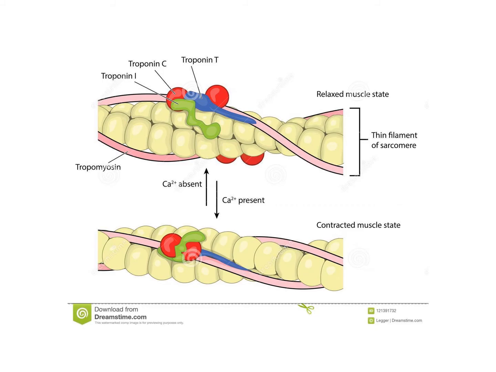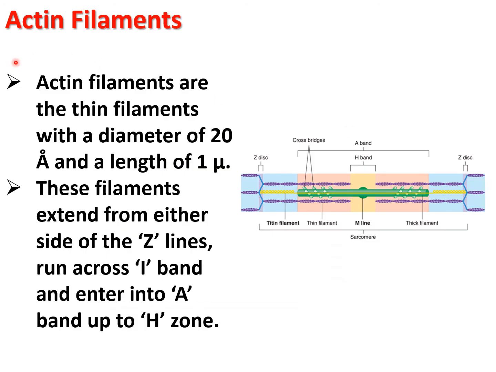Now actin filaments. Actin filaments are thin filaments with a diameter of about 20 angstrom and a length of 1 micron. These filaments extend from either side of the Z line, run across the I band, and enter into the A band up to the H zone.